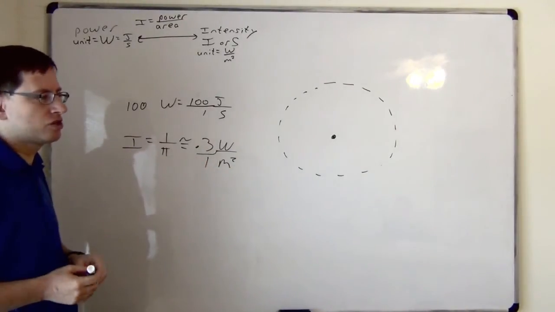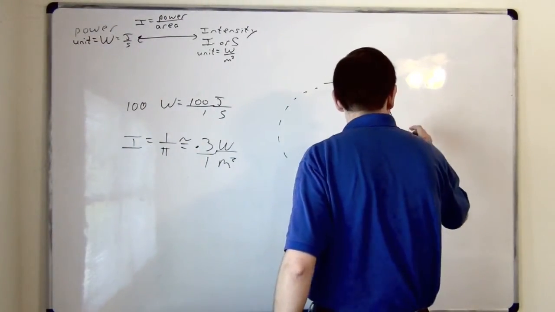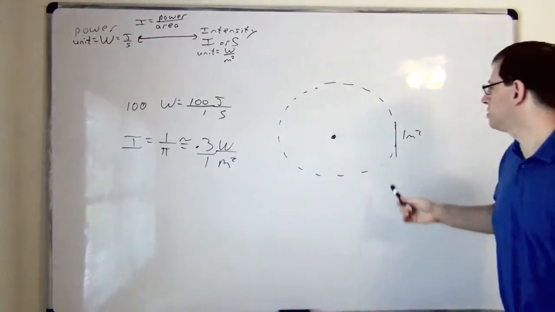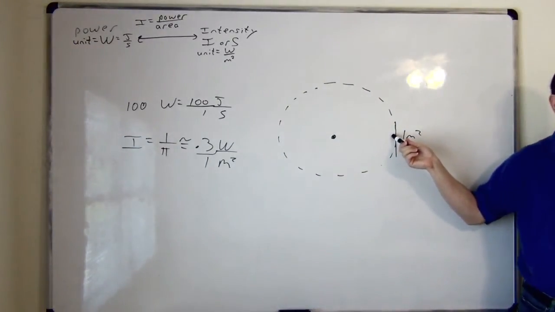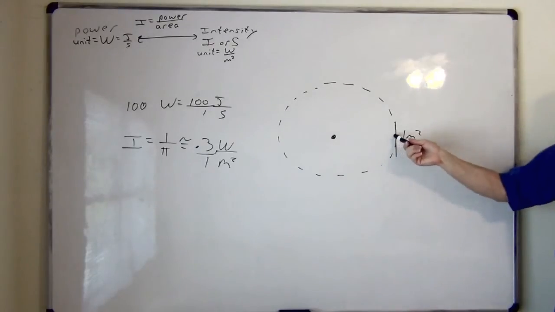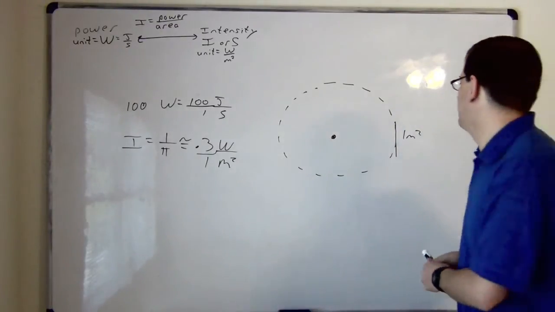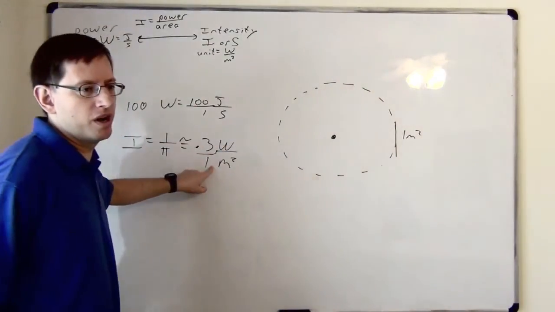So that's how we should be interpreting it. What you should be saying is, if I put a 1 square meter solar panel here, what can you tell me about this 1 square meter solar panel? It'll feel 0.3 watts of power. That's right. It'll be absorbing 0.3 watts of power. So notice, this number does not refer to how far away we are from the source.